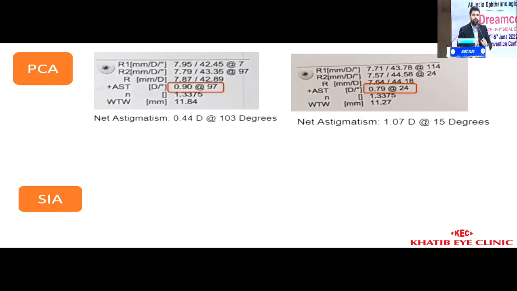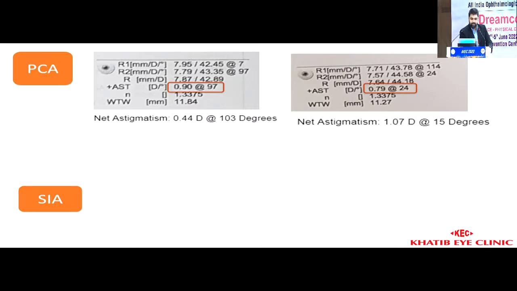Now this is only from the anterior cornea, and this is what our traditional keratometers and even the early biometers used to give us. But for toric lenses, considering the posterior cornea also is very important. The posterior cornea does play an important role, maybe not in all cases, but definitely in a few cases. Below, you see the net astigmatism calculated by considering the posterior corneal astigmatism.